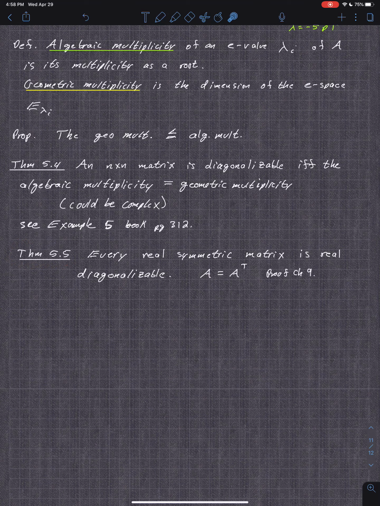This is one of the reasons I like to go on to chapter 9, because you can prove this there. Every real symmetric matrix is real diagonalizable. Remember, symmetric matrix means that A is equal to its transpose, so it has symmetry to it. It's a square matrix. So every real symmetric matrix is real diagonalizable, meaning real eigenvalues on the diagonal.